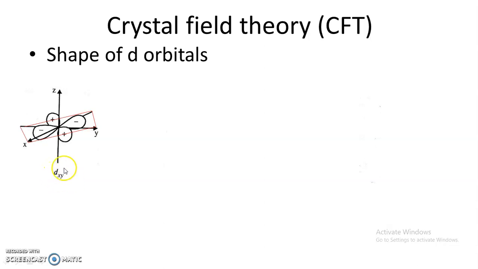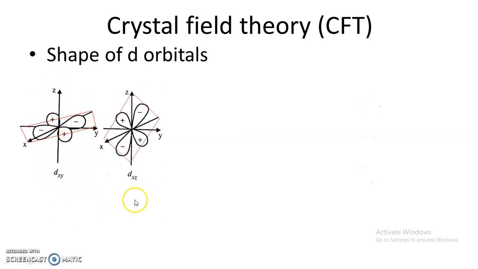In case of the dxy orbital, the 4 lobes are oriented in between the x and y axis, and all 4 lobes are oriented along the xy plane, whereas the z axis is at right angle to that plane.